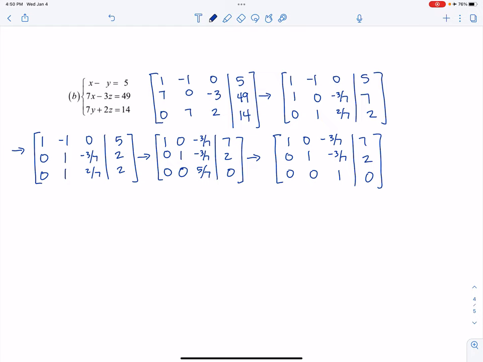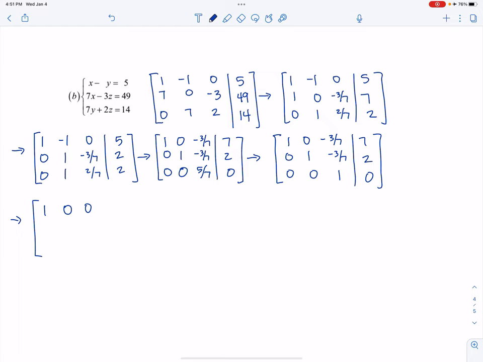Now I can use that 1 in the third row to eliminate the third column in all the other rows. So we'll have 1, 0, and I'll just multiply it by 3/7 and then add it to the middle and add it to the top. If I multiply the 0 times 3/7 and add it, then it doesn't add anything.